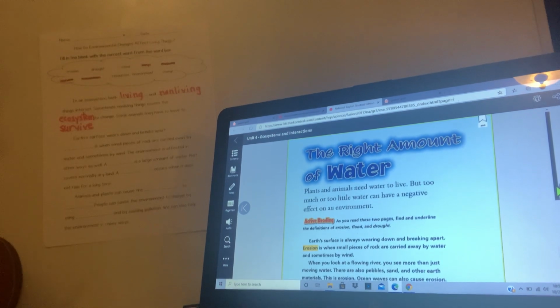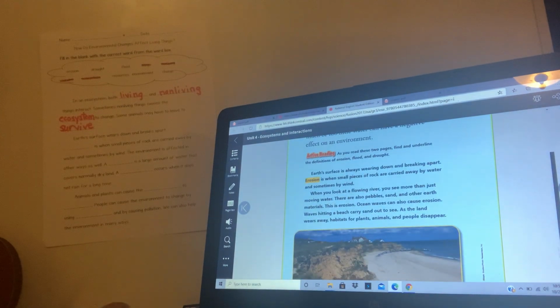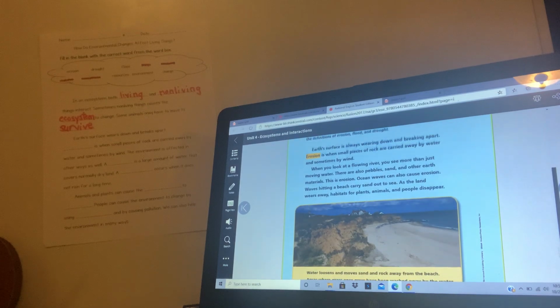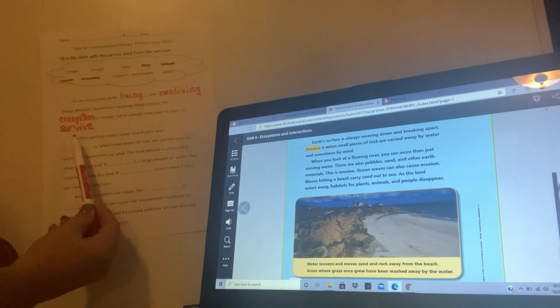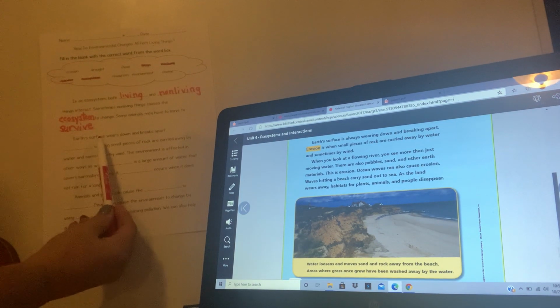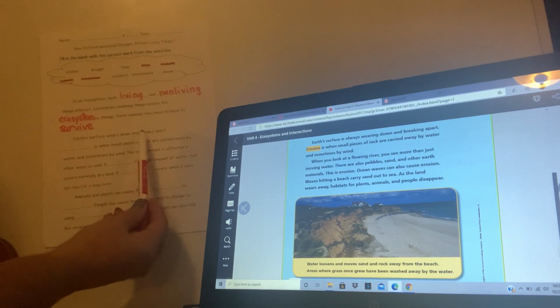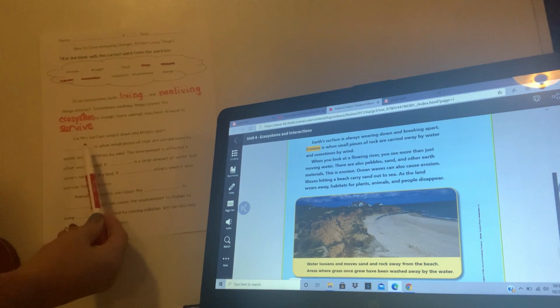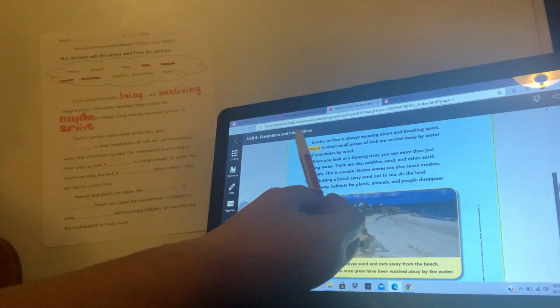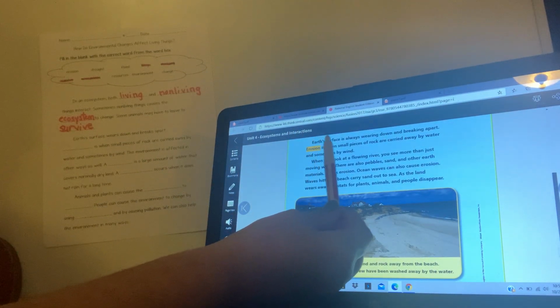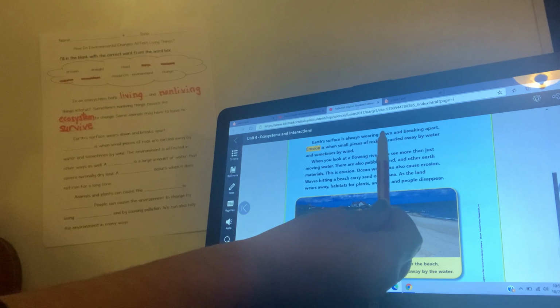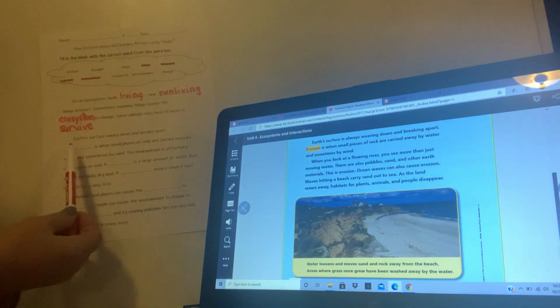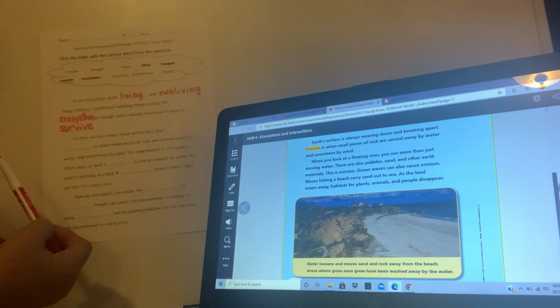Let's see if this is what our paragraph is about. Our paragraph over here on our worksheet says, Earth's surface wears down and breaks apart. And then it comes over here and it says, Earth's surface is always wearing down and breaking apart. Exactly what it says over here.